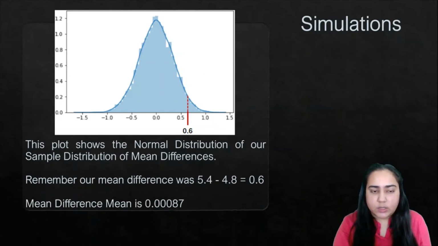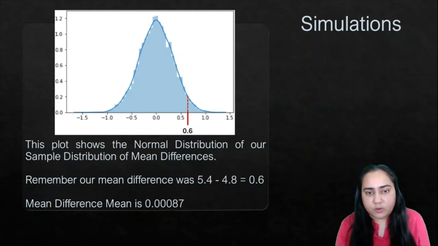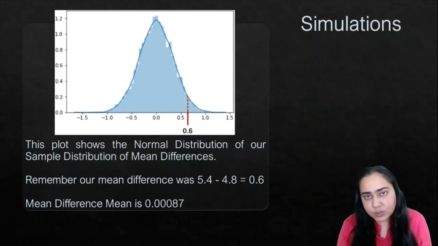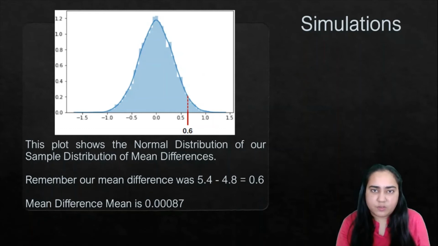When we performed our simulation of 10,000 iterations and calculated mean differences between group 1 and group 2 in our Python code, created a list of those differences and then took an average of that list, we got 0.00087.